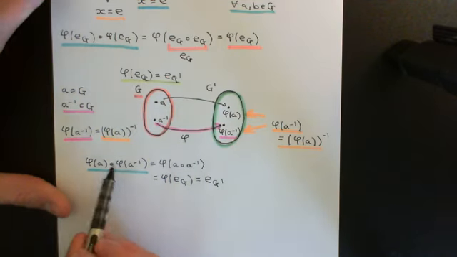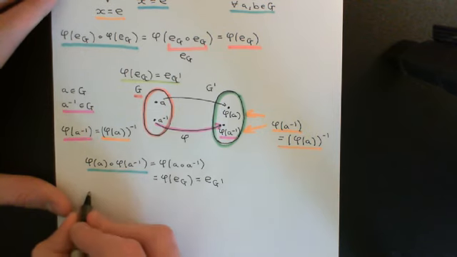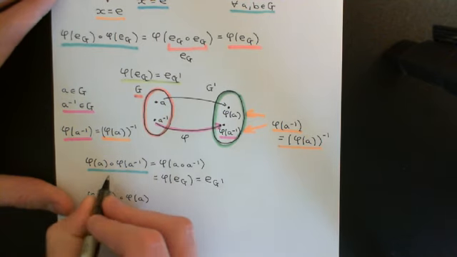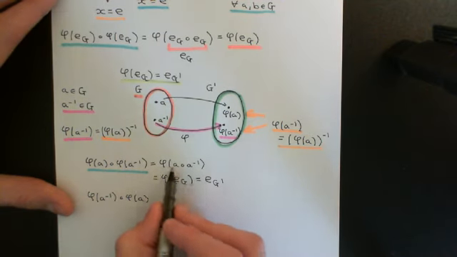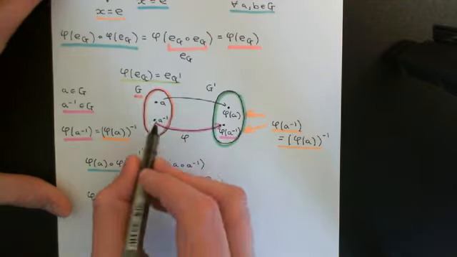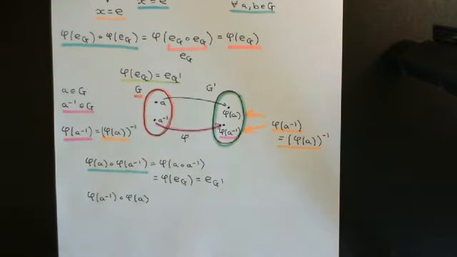Of course you could do this the other way around as well: you could compose phi of A inverse with phi of A, and you'd be able to do exactly the same thing. You'd get A inverse and A the opposite way around, but because A and A inverse are inverses in the domain group, it doesn't matter which way around you compose them; it still gives the identity in G, and therefore you'll get the same result.